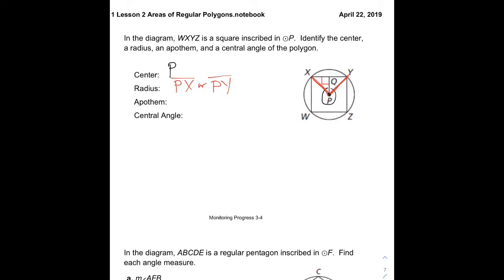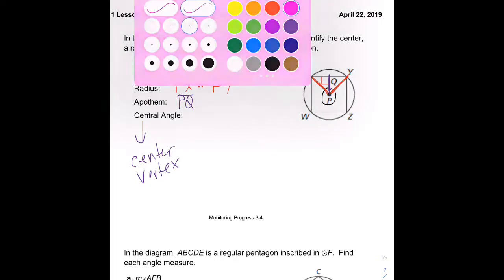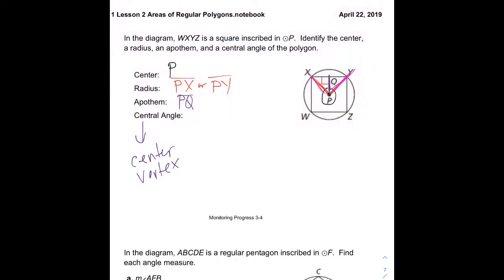The apothem is the height to the side that's in between them. So this PQ would be my apothem. And the central angle, remember from the last unit, is an angle where the center is the vertex of the angle. And we would be looking at angle YPX, or you could write it as XPY.